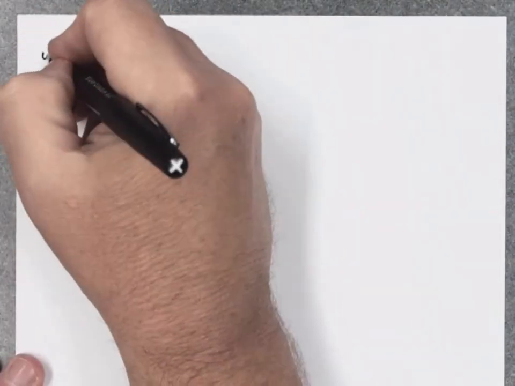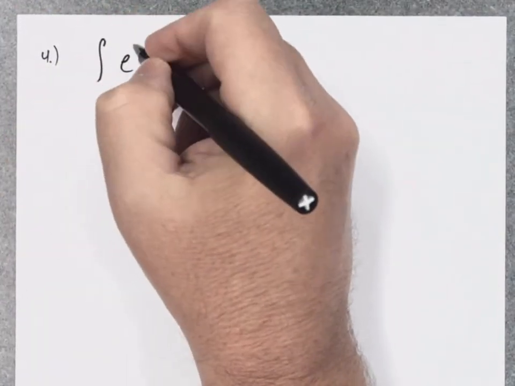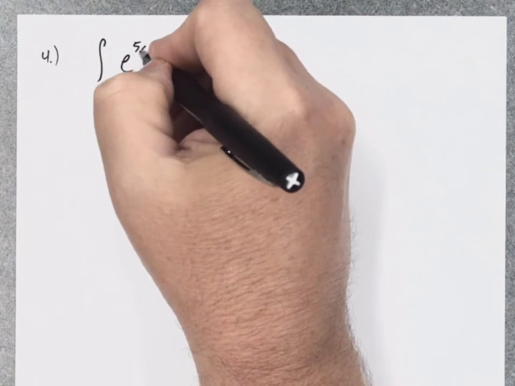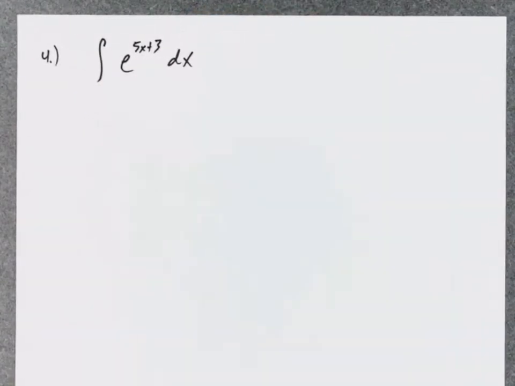But another kind of problem you can have, and this is problem number 4 in the book, is the integral of e to the 5x plus 3 dx.